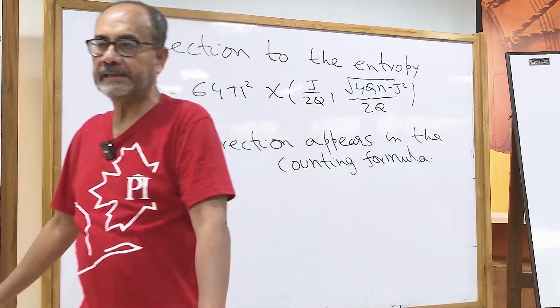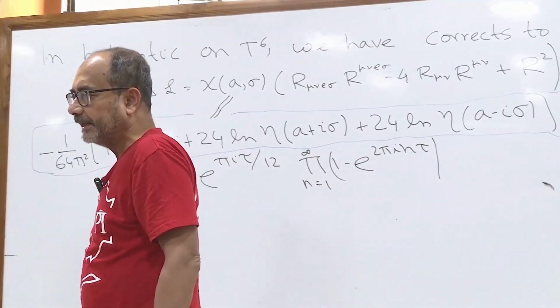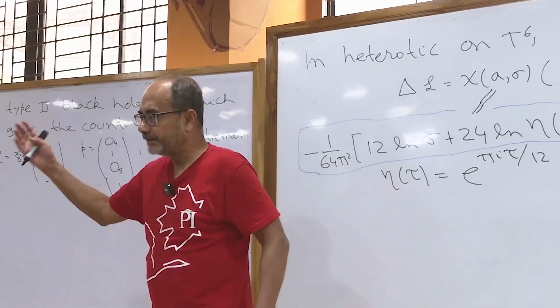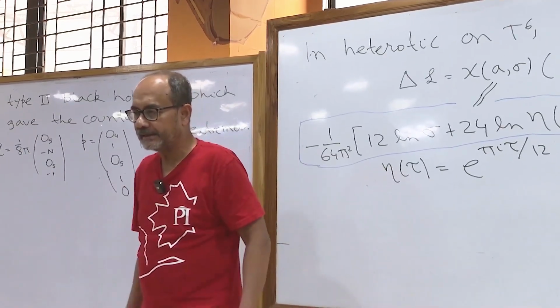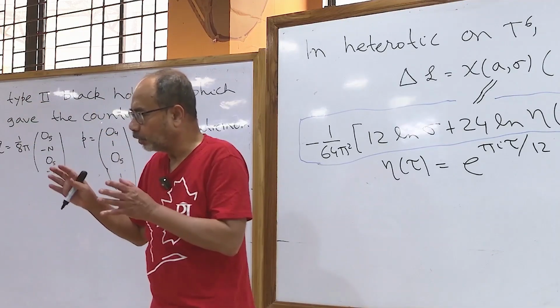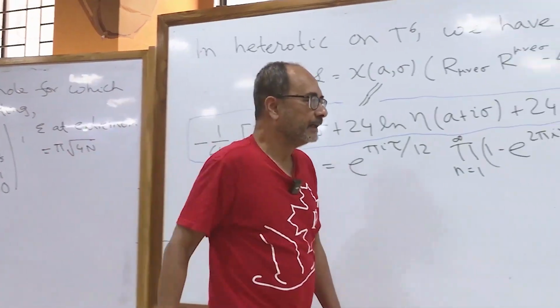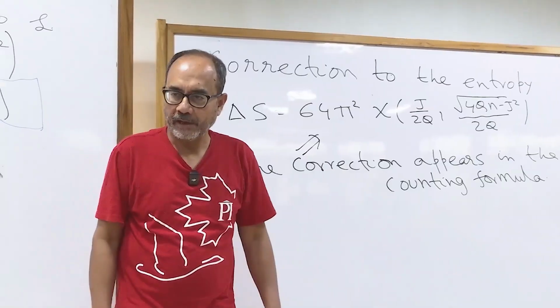So the counting formula doesn't change. Whatever formula that I had given you yesterday is the full formula. But when you expand this for large charge, what I stated yesterday was only the leading term in that expansion for large charge. Once you go to the next order term in that expansion, you get exactly this correction in that formula as well.